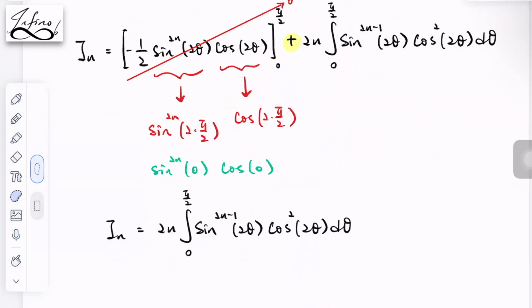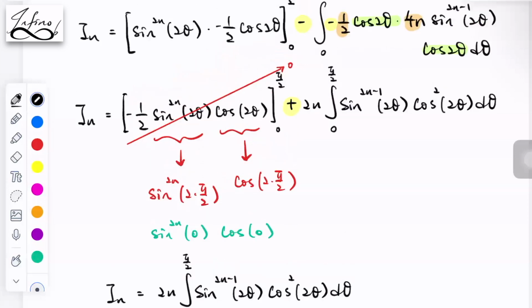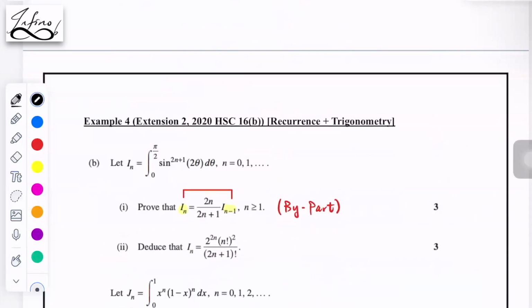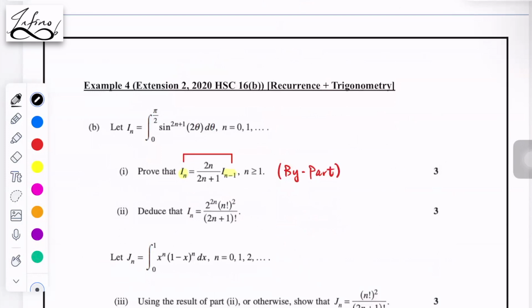Okay, and for that, some students already get stuck at this step, because they can't really observe what to do next. But let me see. If I want to utilize the In, what should we do? You can see the In is this one.